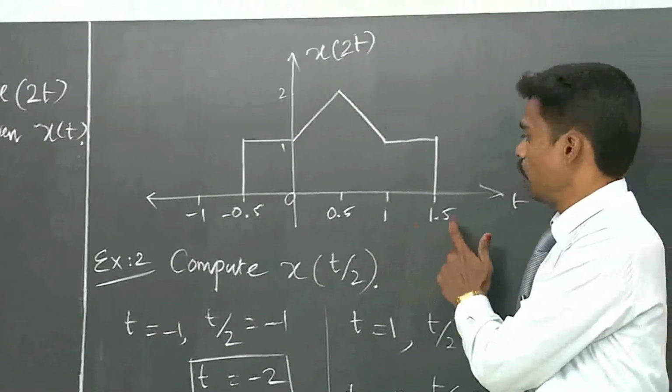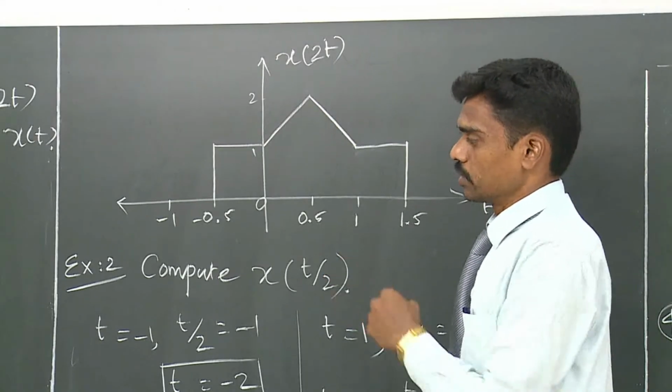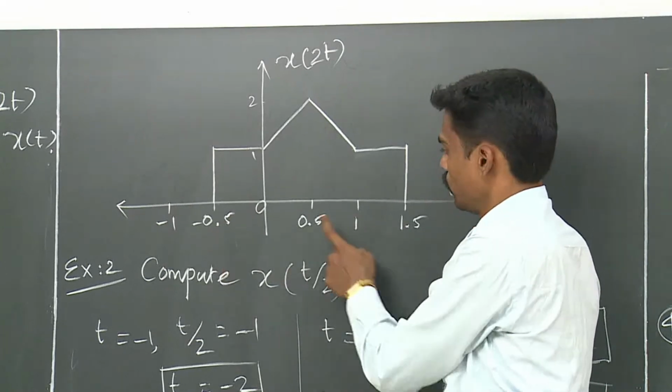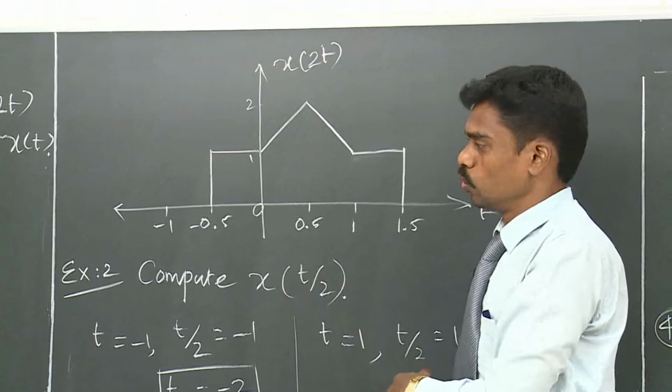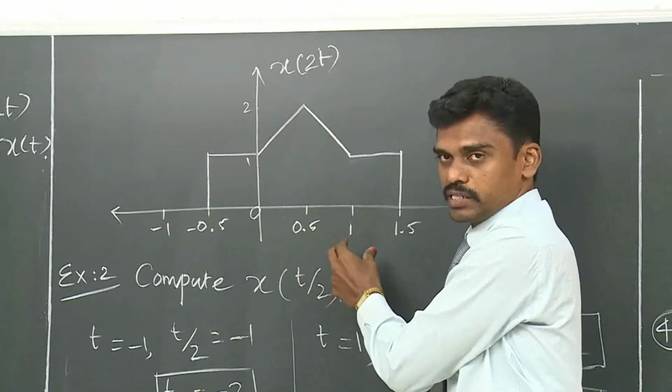Here the time duration is only 2 units, from -0.5 to 1.5. 1.5 plus 0.5, totally 2. So the 4 unit time duration is compressed into 2 units.